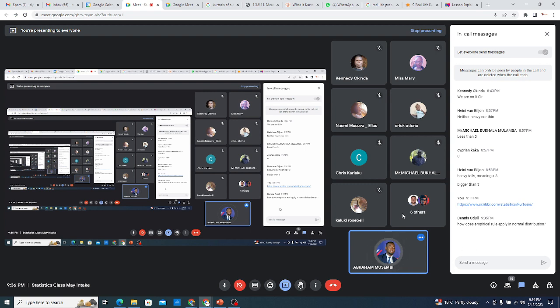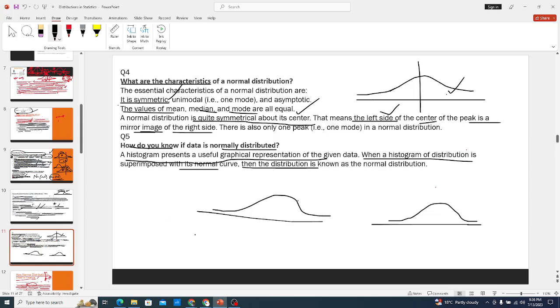Okay, so in that case you'll find that this data will kind of follow a normal distribution. Let's say on the x-axis we have the repayment period, maybe in months. There are a few people who will take 1 to 2 months.